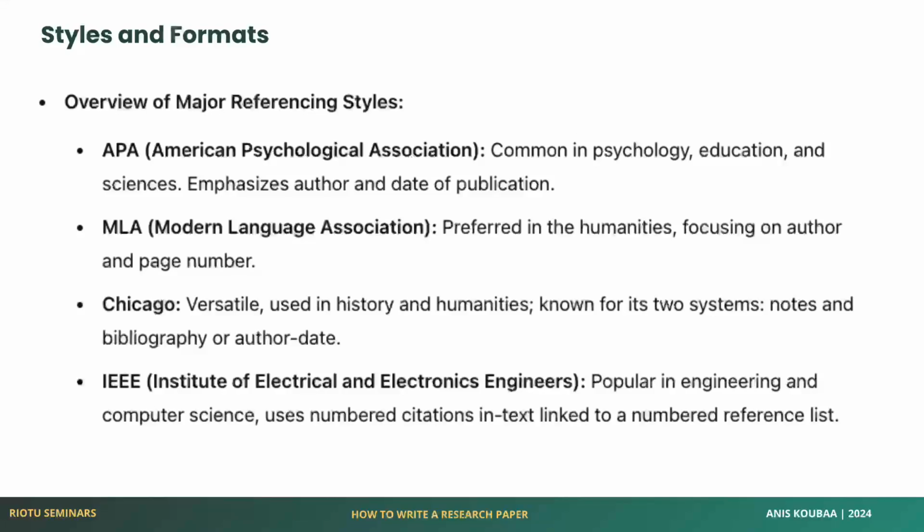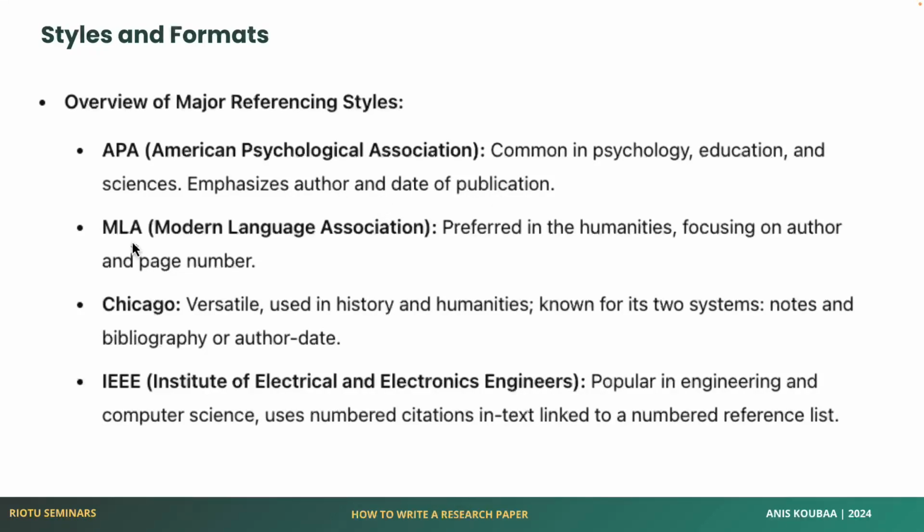So regarding styling and formatting, there are major referencing styles. I don't know if you have heard about them, but every community does have reference styles, like the APA style, the American Psychological Association. This is common in psychology papers, education, sciences. They emphasize the author and the publication date.